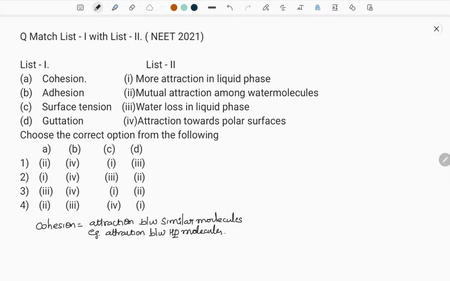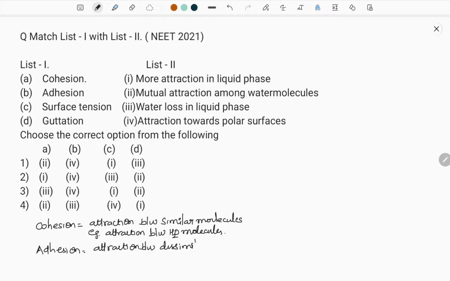Another phenomenon here is adhesion. Adhesion is also attraction, but this is attraction between dissimilar molecules. How do we understand attraction between dissimilar molecules?